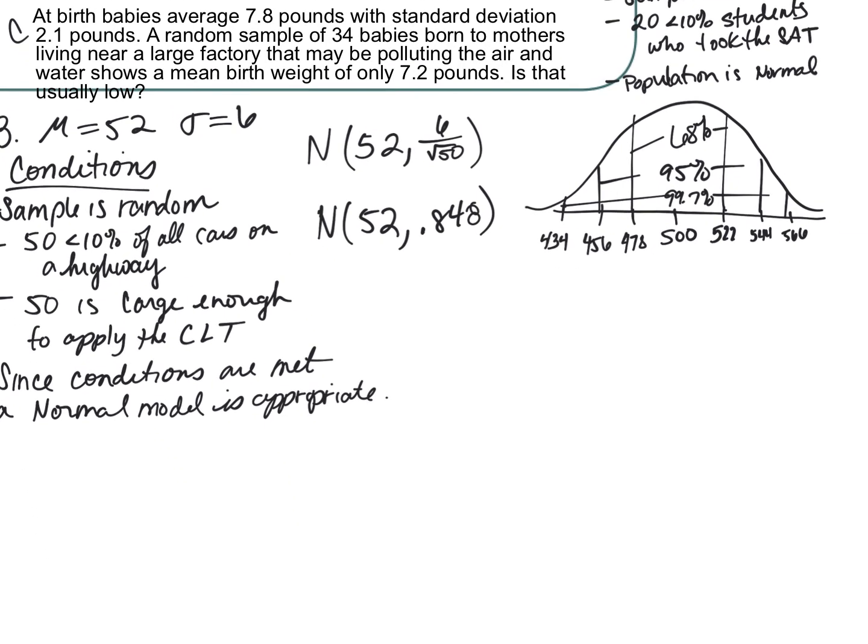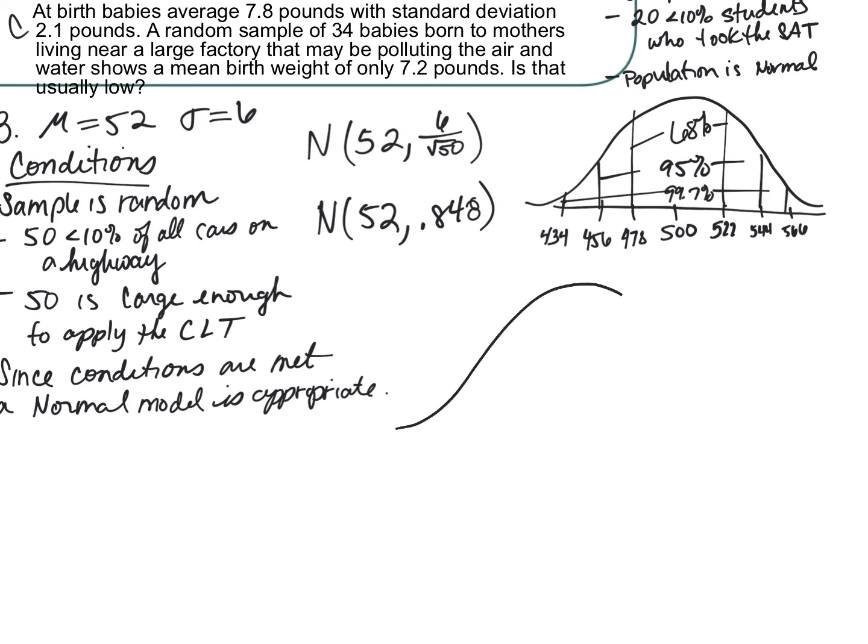So what might we see in that random sample of 50 cars? Big difference from using 6, right? We're using 0.848, so we're going to add 0.8 to 52: 52.8, 53.6, and 54.4, right?